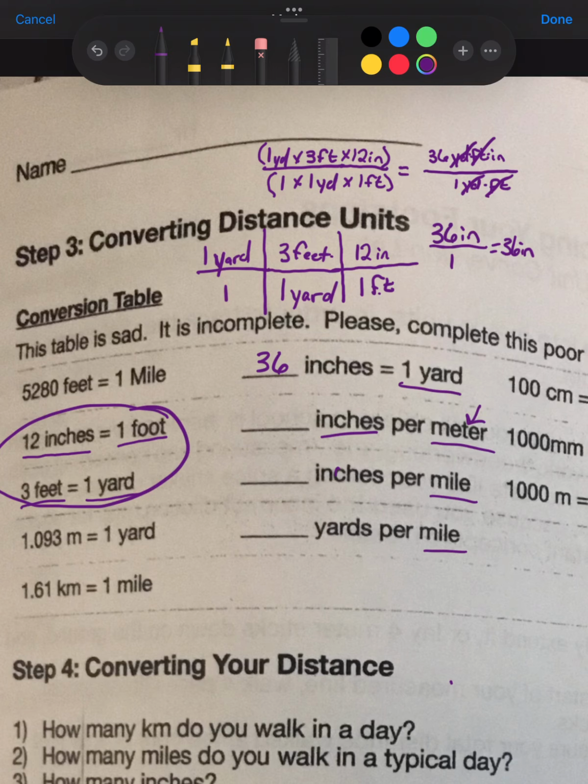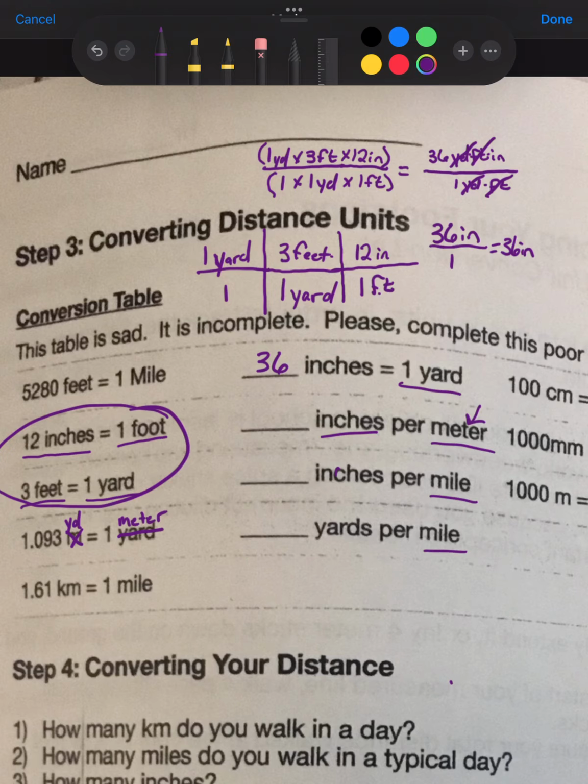So, everybody, what you want to do is cross this out and put YD, and you want to cross this out and put meter, because a meter is about 3 1/3 inches longer than a yard. So I actually messed up this little conversion factor. Apologies on that. But now we have what we need, right?